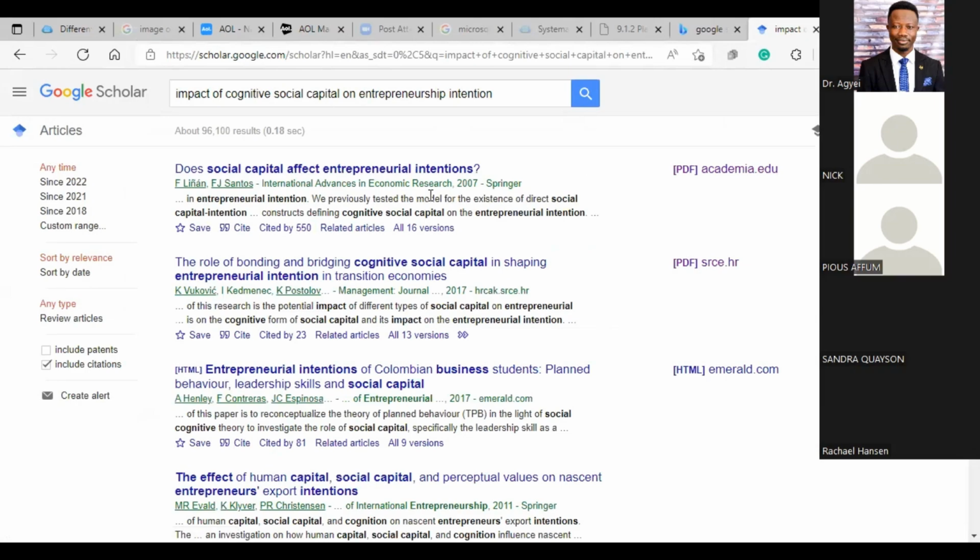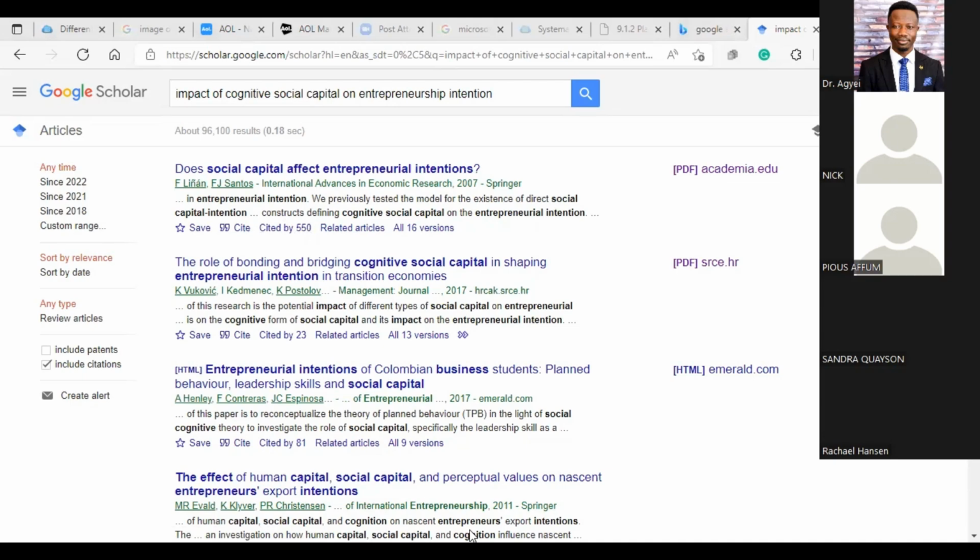So if I want to go back to see, I just look at where it is written cited by. Have you all seen cited by? There are 550 who have cited this study. Immediately I go there, I can use that technique to get whatever I'm looking for as fast as possible.